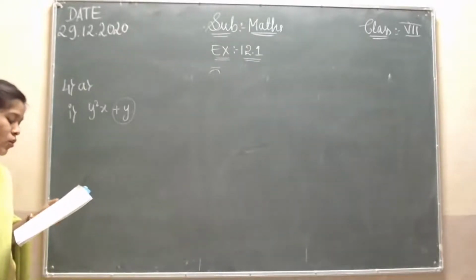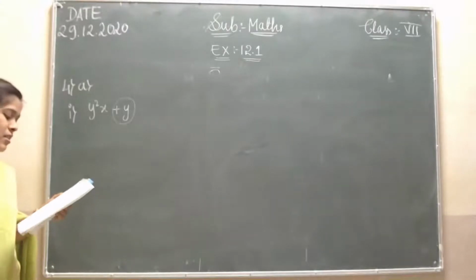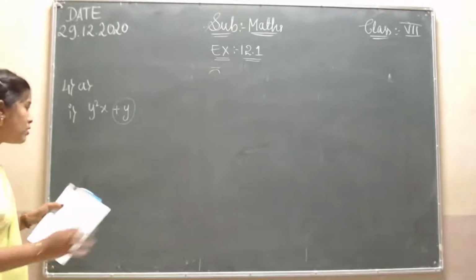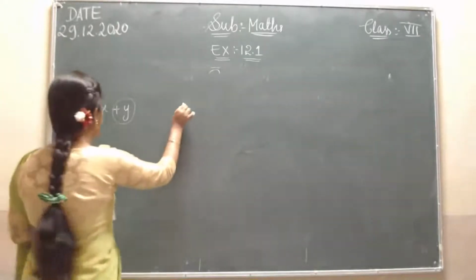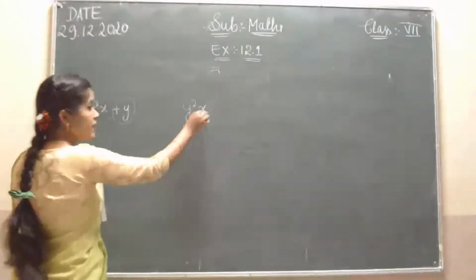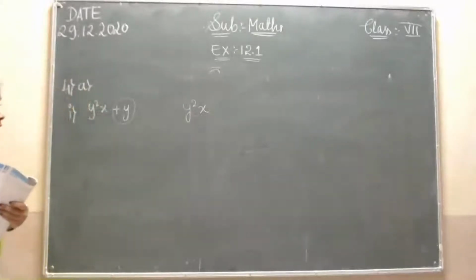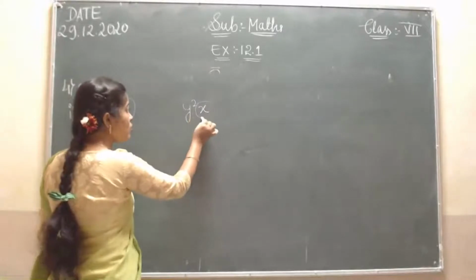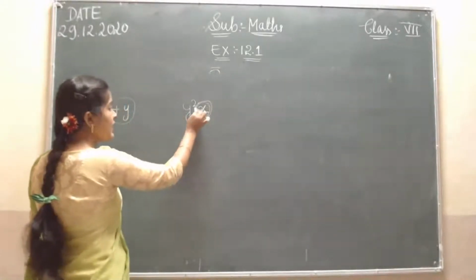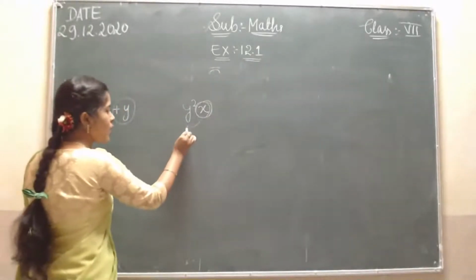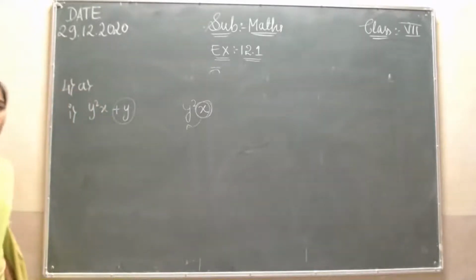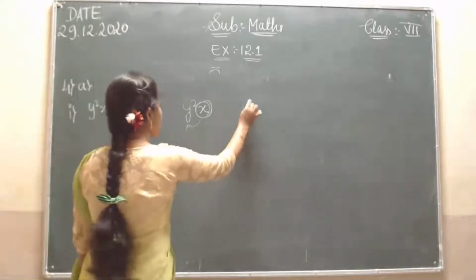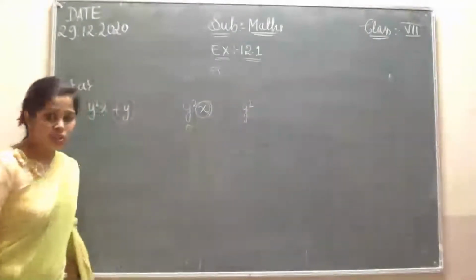So we have to take only the terms containing x, and give the coefficient of x. In y square x, the coefficient of x means we take everything other than x. The coefficient of x is y square.